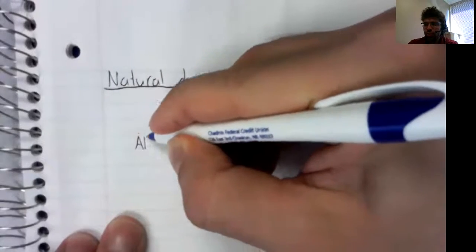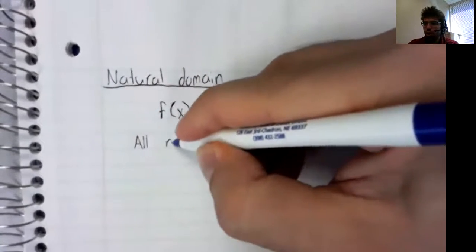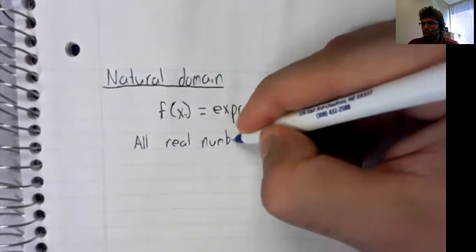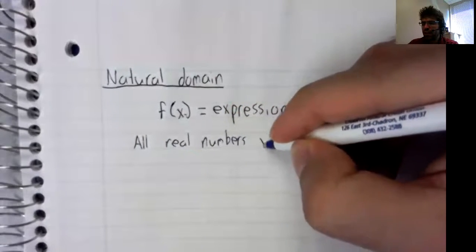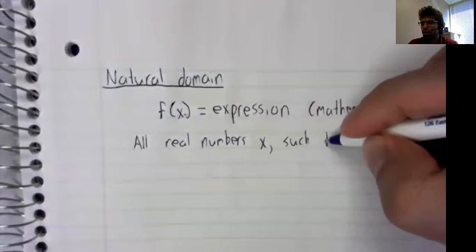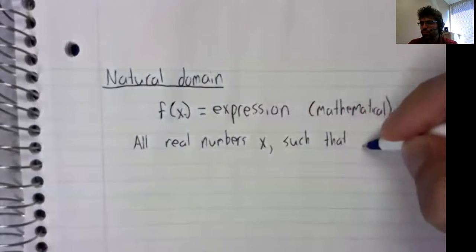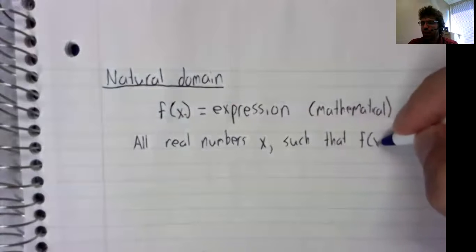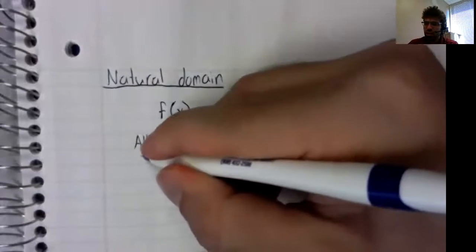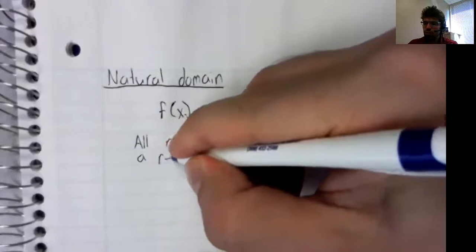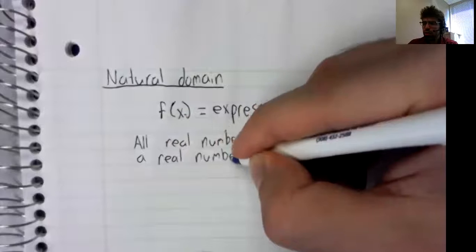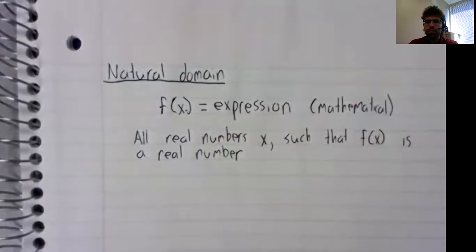And the natural domain is all of the real numbers x such that f of x is also a real number.